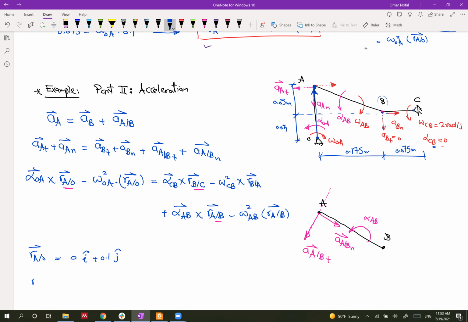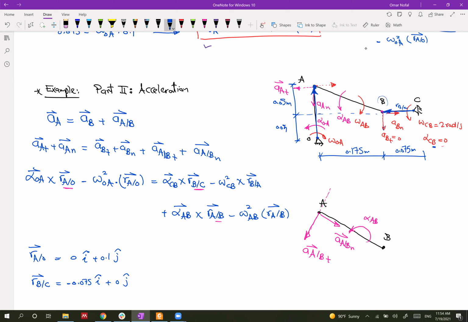Then we will move to RB with respect to C. So we need this vector, RB with respect to C, and it's all in the I hat, in the negative I hat direction, and the magnitude is 0.075. So it's negative 0.075 in the I hat direction plus 0 in the J hat.